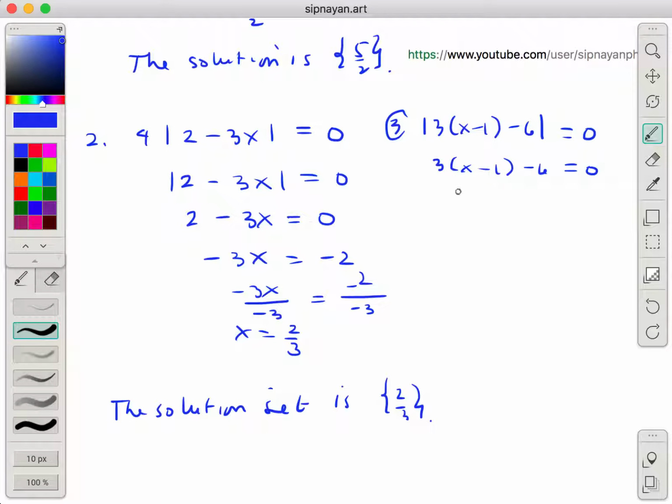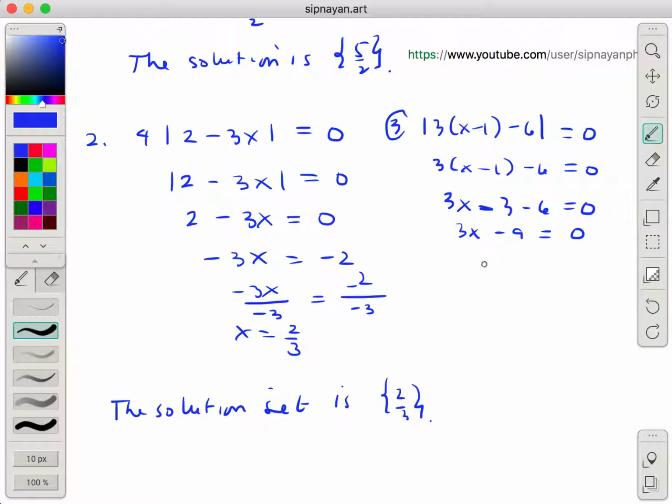Then we distribute 3, by the distributive property. 3 times x is 3x, and 3 times 1 is 3. Then minus 6 is equal to 0. We have 3x minus 3 and minus 6 is minus 9 equals 0.